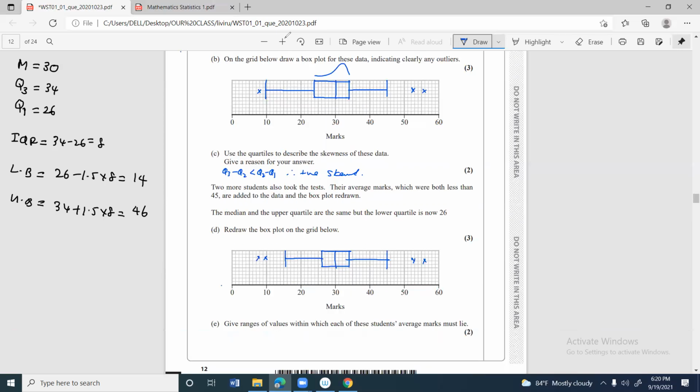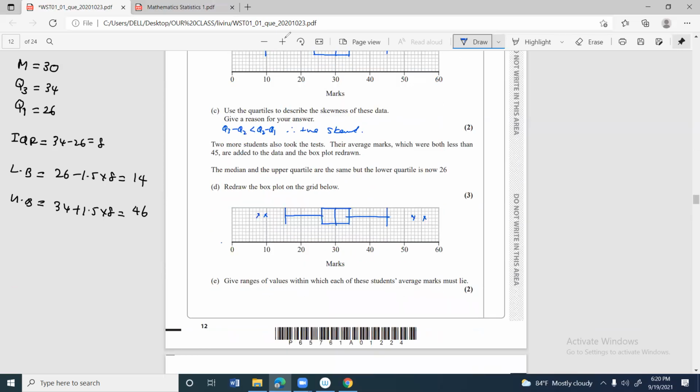Then you draw a box plot, right? Give a range of values within which a student's average marks must lie.